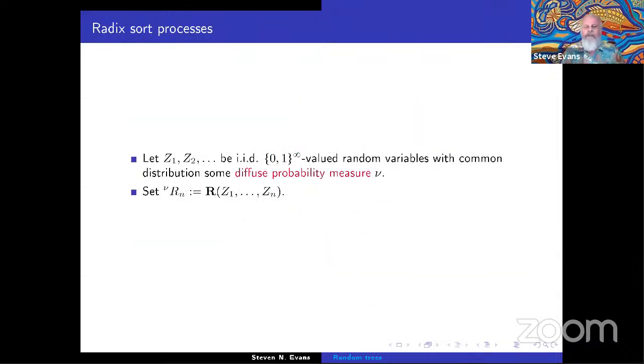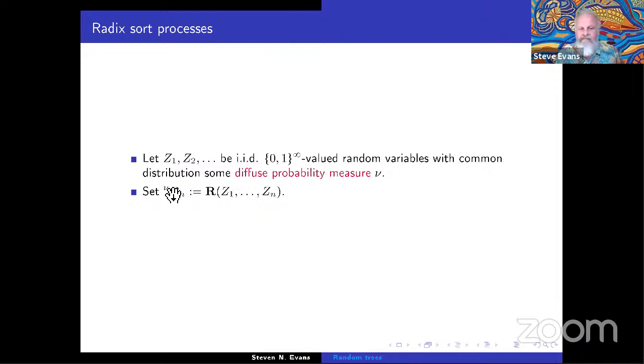Okay, now we're going to build a stochastic process. Suppose that we've got an infinite sequence of IID {0,1}^∞-valued random variables with common distribution some diffuse probability measure mu. That means in particular that these are distinct with probability 1.